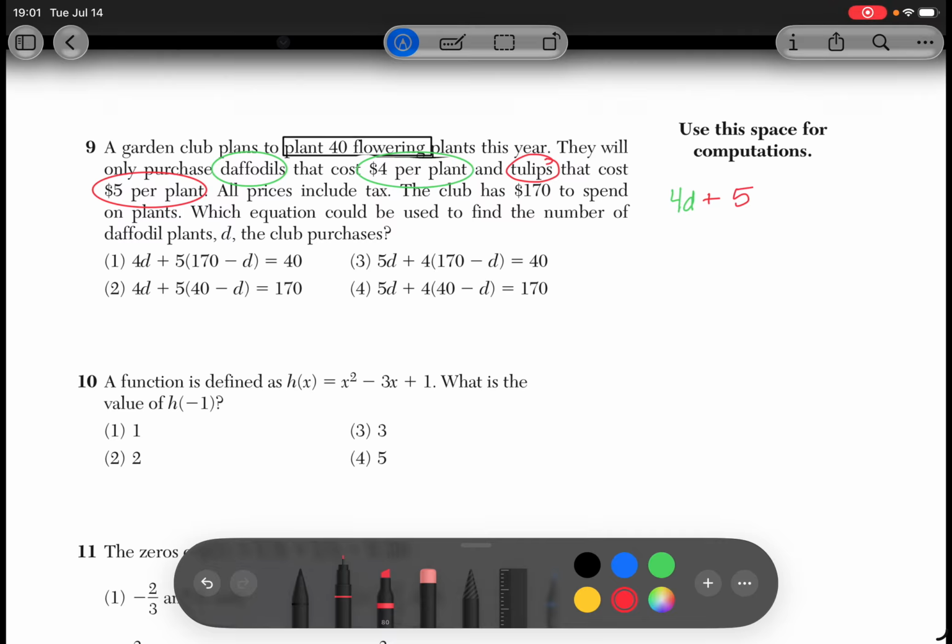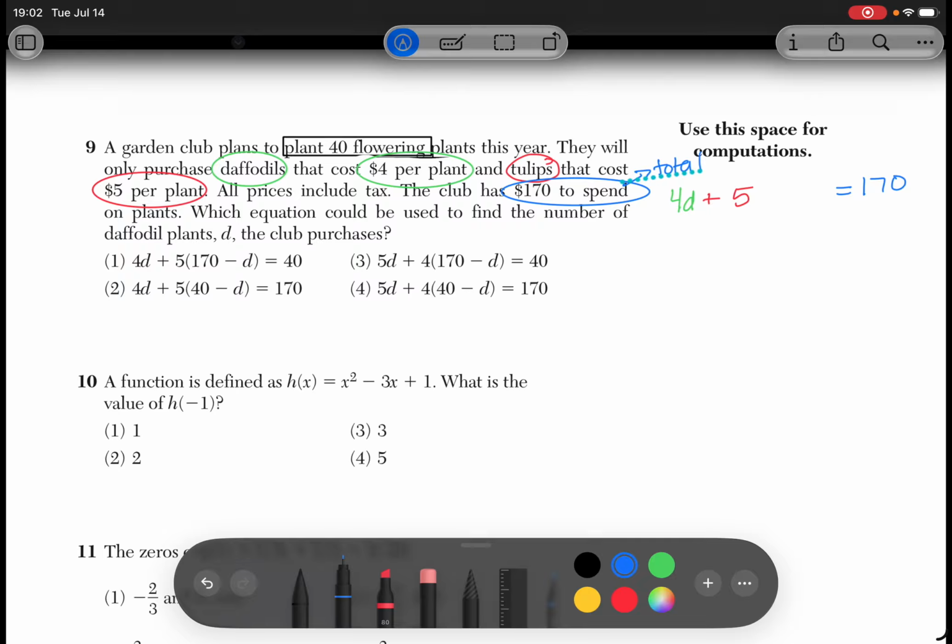So that's just some information we know. We know that we need to have 4D plus 5. We also know that there is a total amount of $170 to spend. We can't spend more of that, but we can spend less. And total usually means we have to equal 170.